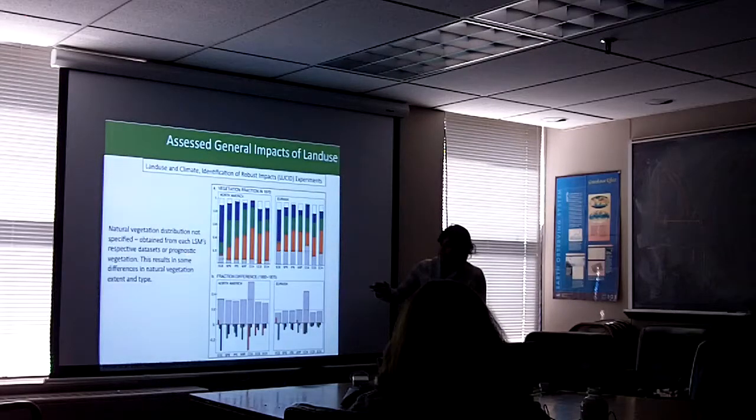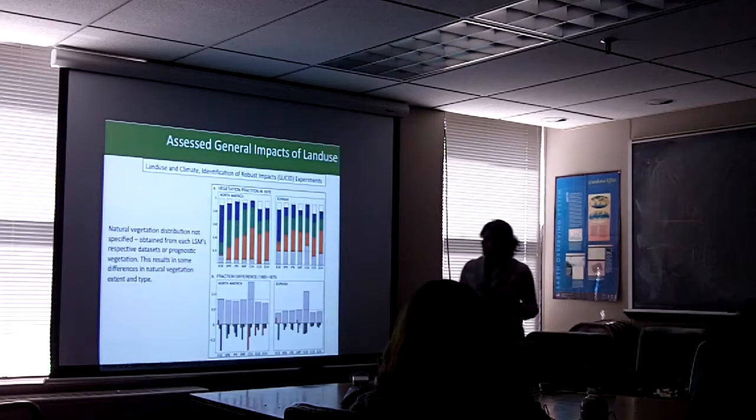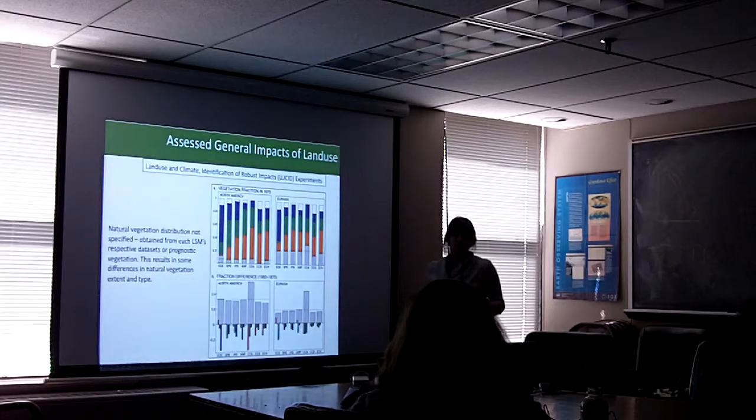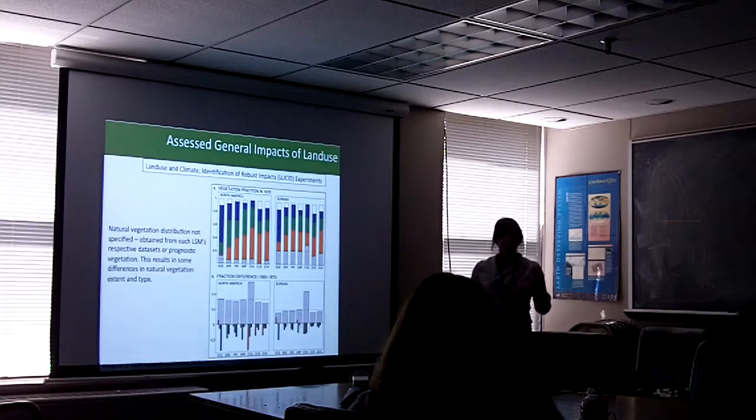So the cropped areas at the bottom here, these orange areas are grasslands. The green areas are evergreen cover. The blue is the deciduous cover, and the white is the desert. And again, this is for North America and for Eurasia. Again, you can see the variation in the natural vegetation, right? So what is the sensitivity, we have to ask, to having different natural vegetation distributions around your crops.